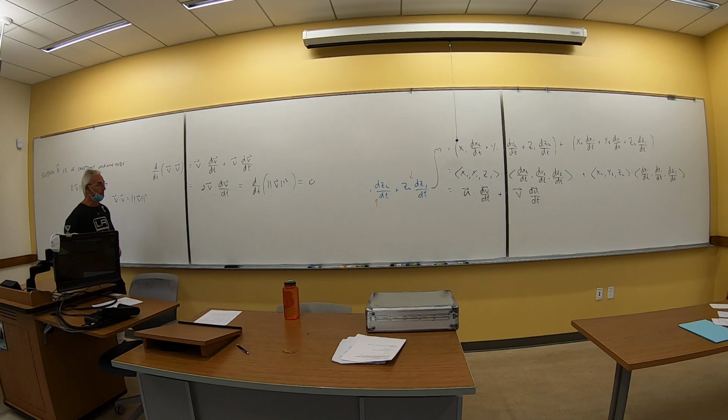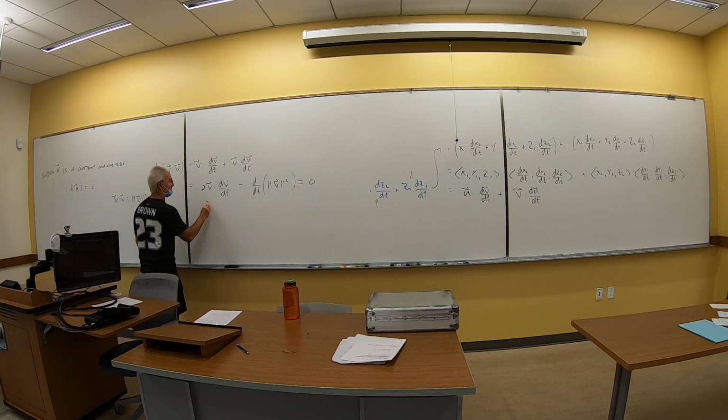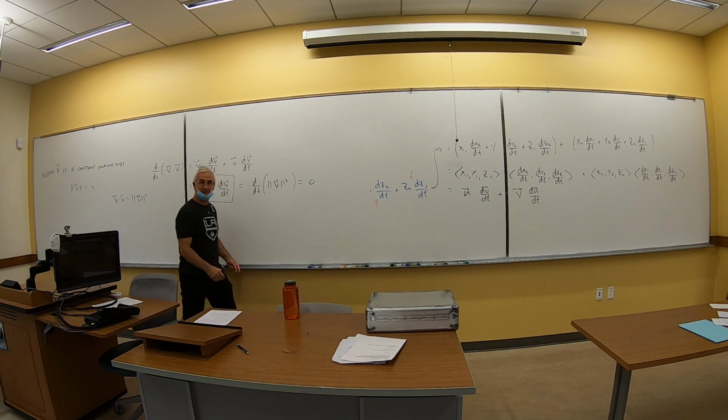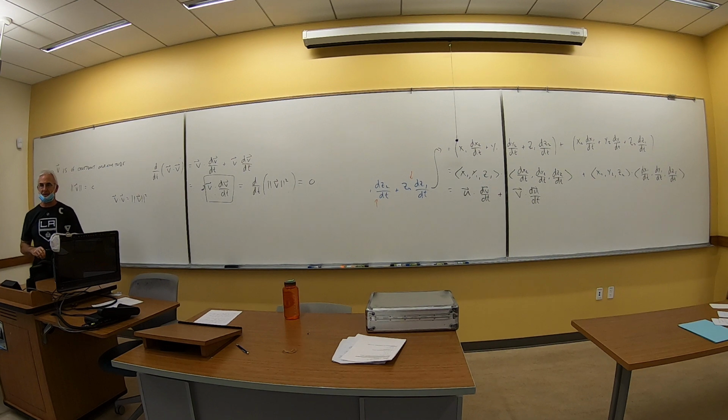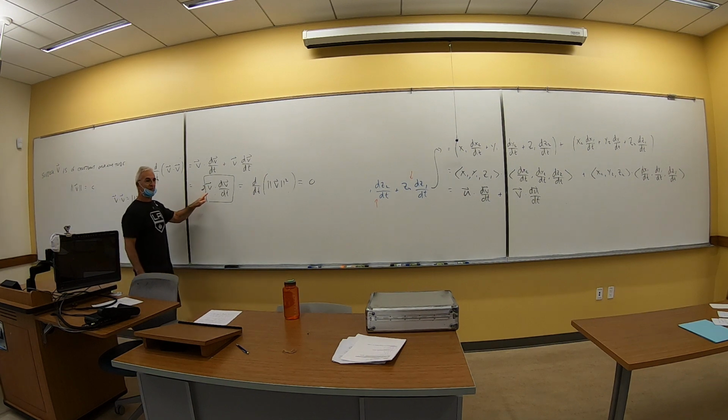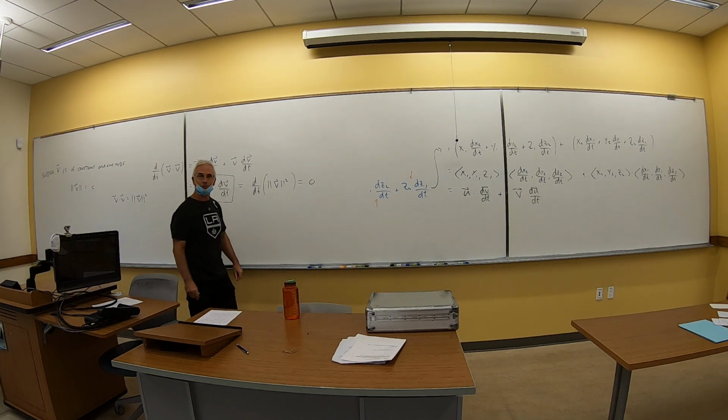Okay, so why is that important? So now that comes down to this right here. In fact, forget the 2 for a moment. I'm saying twice v dotted with its derivative is 0. So that means that v dotted with its derivative is 0. Is that a big deal? If I'm starting with a vector of constant magnitude, we have just proved that the vector dotted with its derivative is 0.